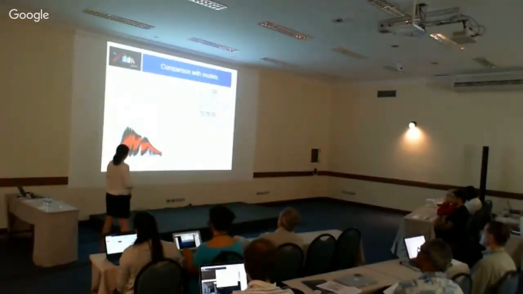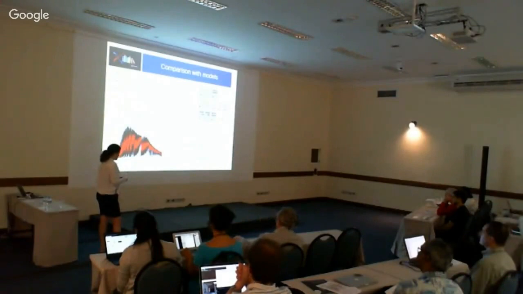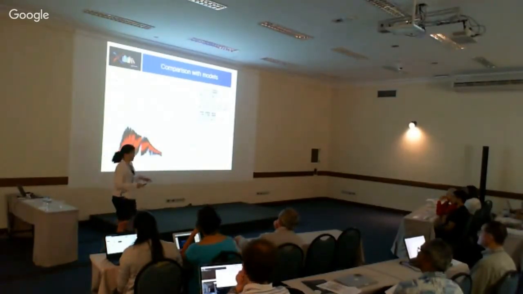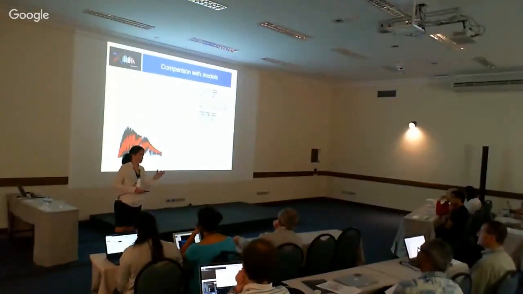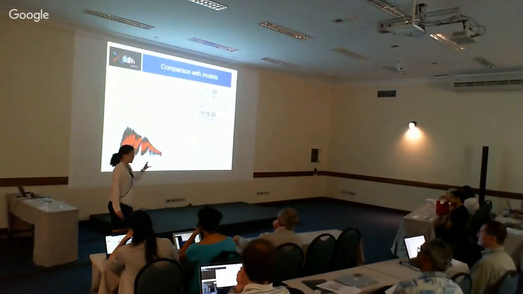On the left, you can see a high-resolution model in black, and the red one is just a smoother version of the model. By smoothing the high-resolution model, we lose the information about the continuum.